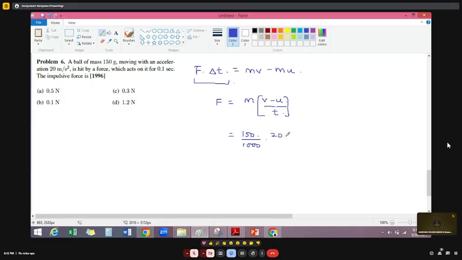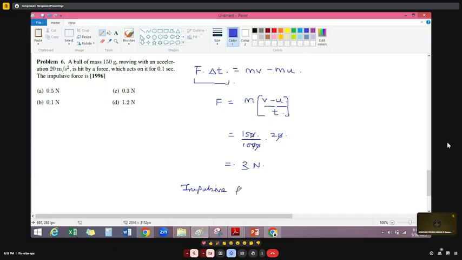Okay. So that will give me the impulsive force. That will give me only the force. So 30 divided by 10, that means it will be 3 Newton. But impulsive force means F into delta T. This is only force.